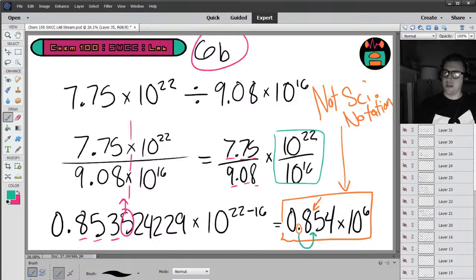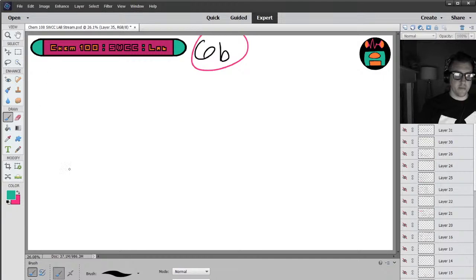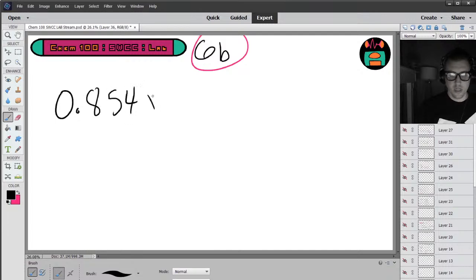So we actually need to roll this over 1. And so our final answer is going to be, again, I'm just going to rewrite this, 0.854 times 10 to the 6th. We need to roll this over by one space.